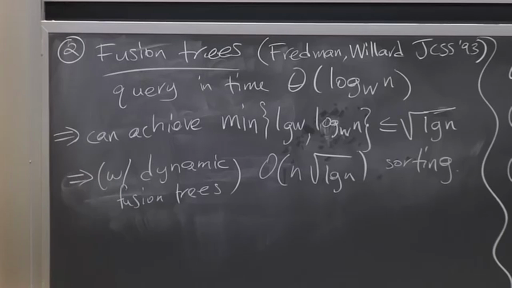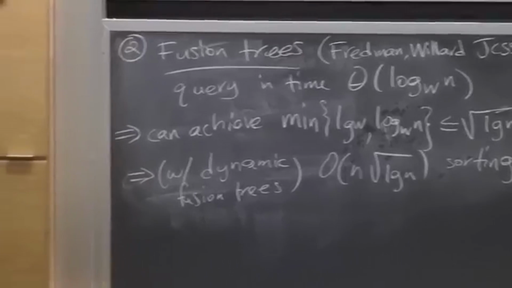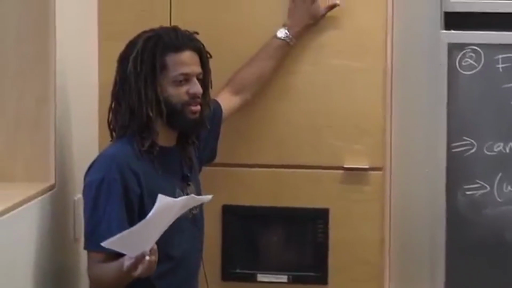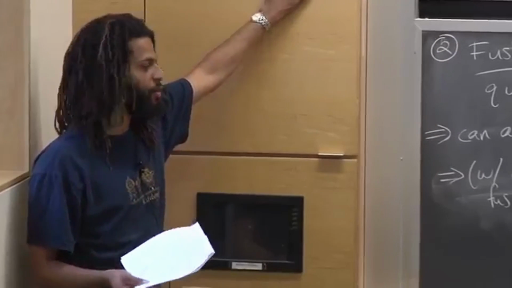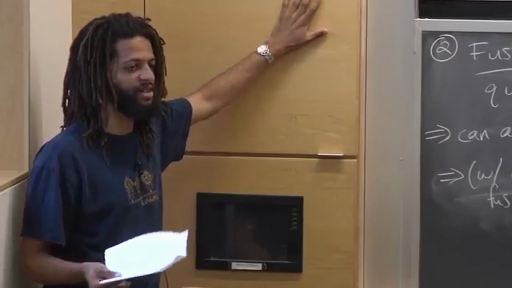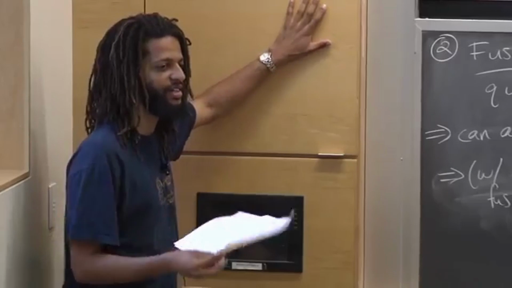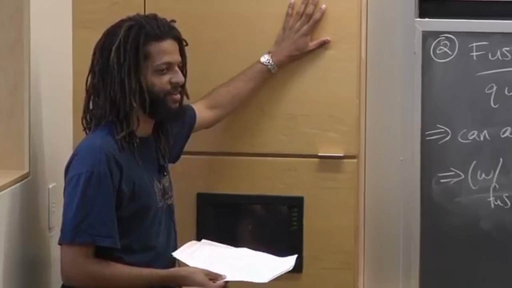So for sorting, why do you need dynamic? There's an issue which I haven't discussed, which is the preprocessing time to actually create the data structure. In the dynamic case, when you start with an empty data structure, that doesn't come into play. But with the static case, we're going to spend polynomial time to actually create this fusion tree, and that's going to be bad for sorting.